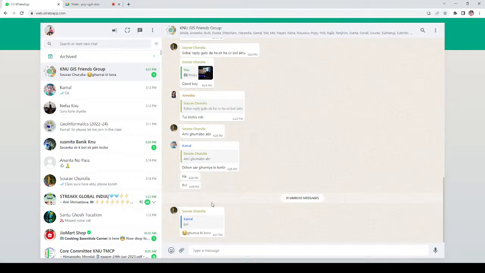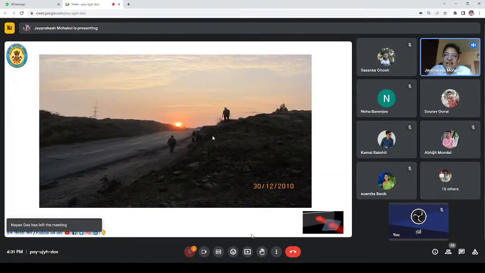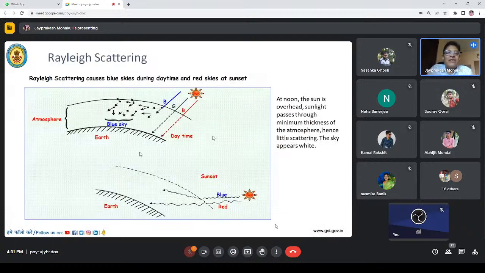Yes, sir. And this is also the reason why the sky looks red during morning and evening. Now what happens, can you see here? This is daytime. Now you have all the spectrum of light, not just BGR.